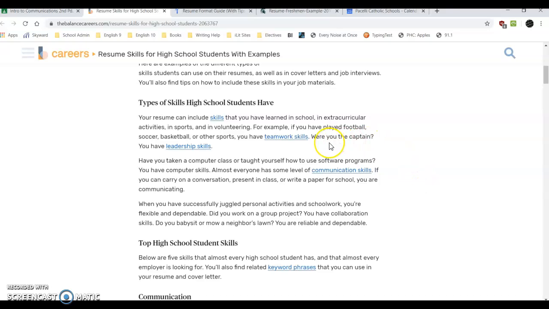Okay, because you have to think of everything you do. What skills does it take to do that thing, even if it seems basic? All right. So you might think, well, yeah, I worked the Pacelli fish fries, but that doesn't take a lot of skill. It does. It means that you are able to follow directions.